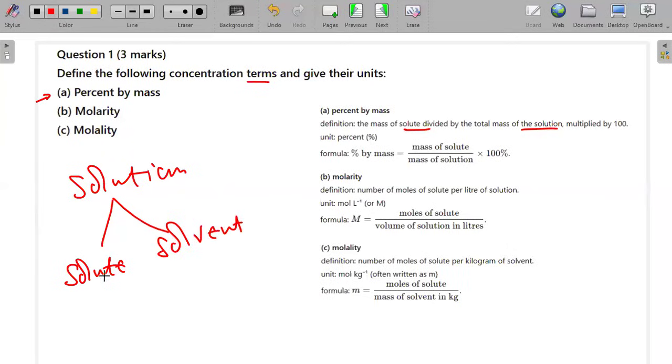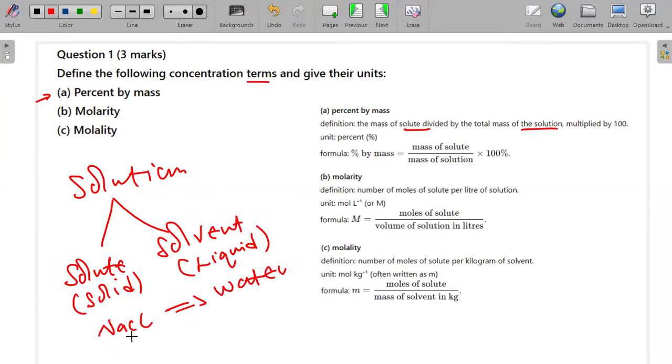The solute is a solid that you are going to put in your solvent, which is a liquid. For example, if I get salt, which is sodium chloride, and put it in water, when this salt dissolves in water, it's going to make a solution. We're going to call that the salt solution.